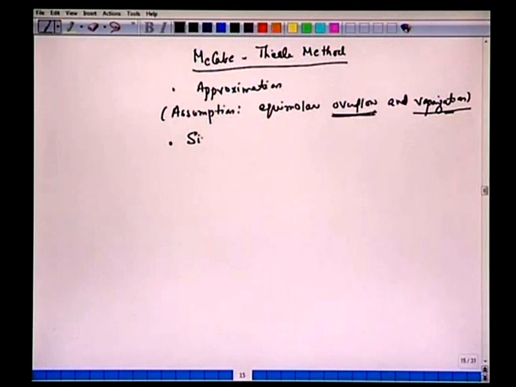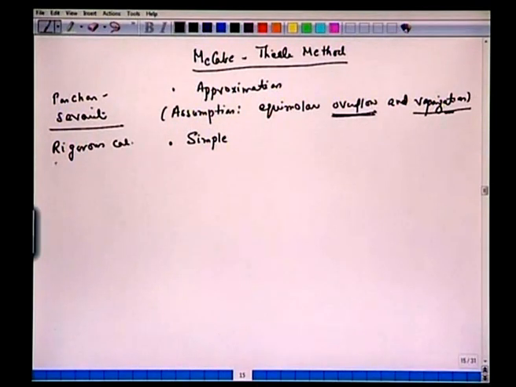This method is simpler than the previous method, known as Ponchon-Savarit. If you recall, that method has a very rigorous calculation for the energy balance, or the enthalpy balance.